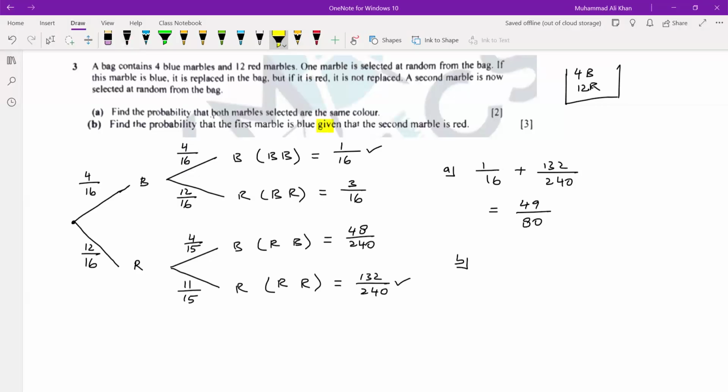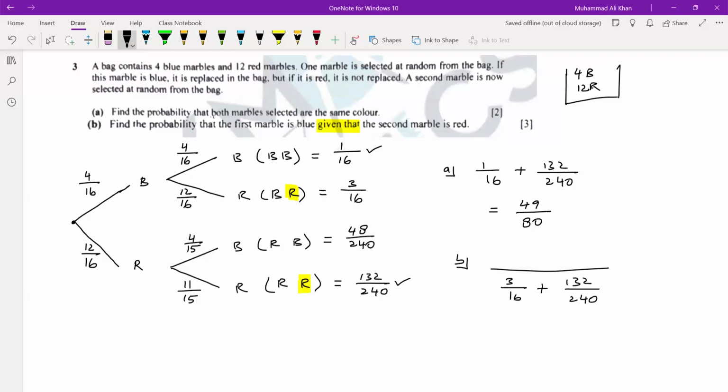Given that, it means we have to divide by the second marble is red. So the second marble is red here. The second marble is red here. So now the total events, after given that, will be 3 over 16 plus 132 over 240.